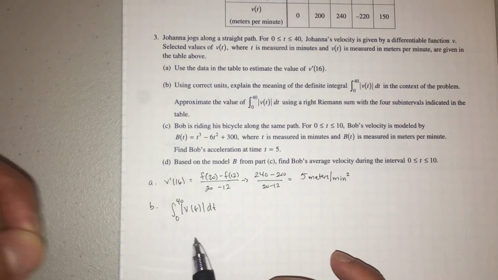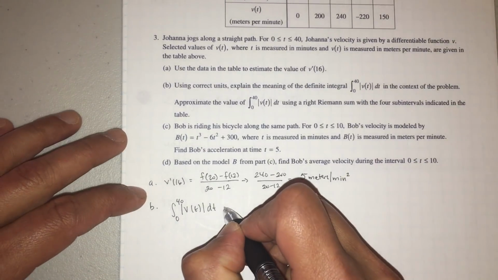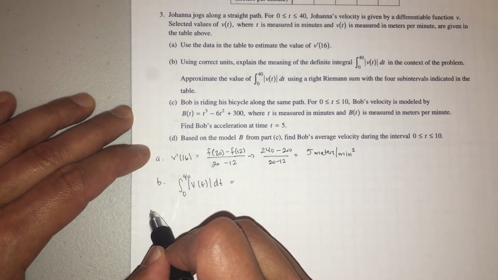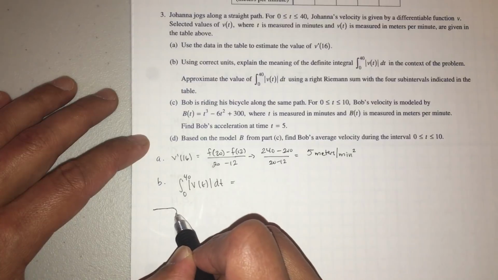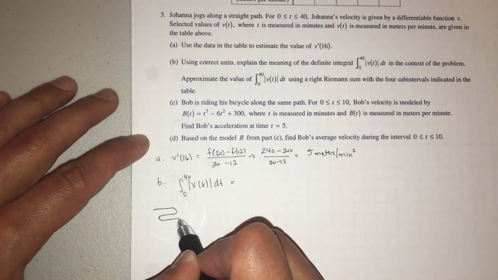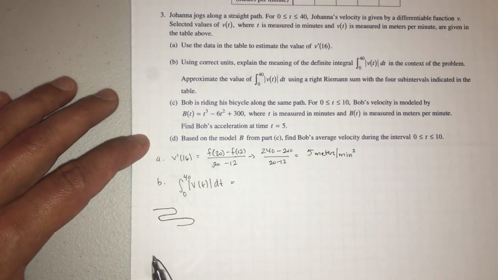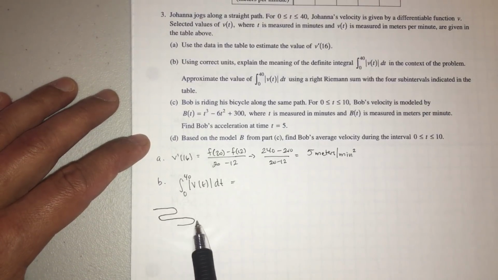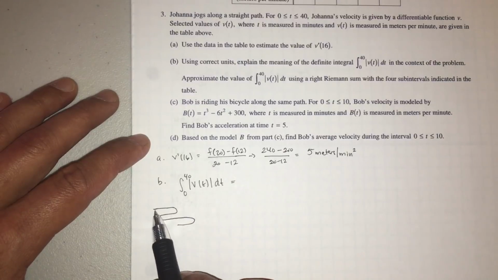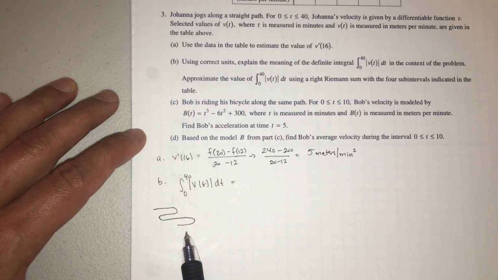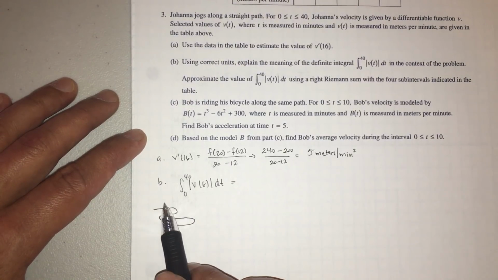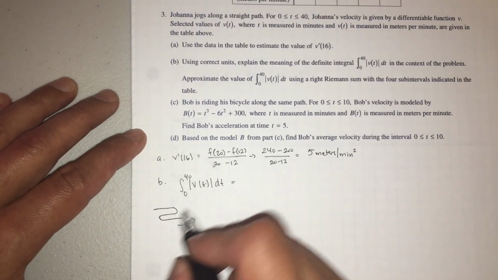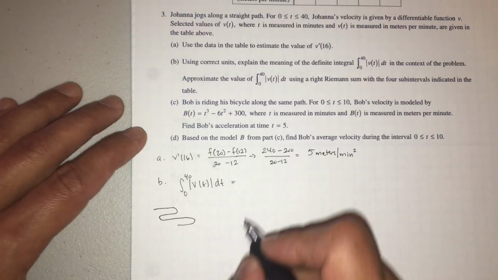Velocity goes right, then changes direction and goes left, then changes again, back and forth. Well, with speed, you have to add all these things to get the total distance. That's why this is positive, then negative, then positive, then negative. You have to add everything to get the total distance.